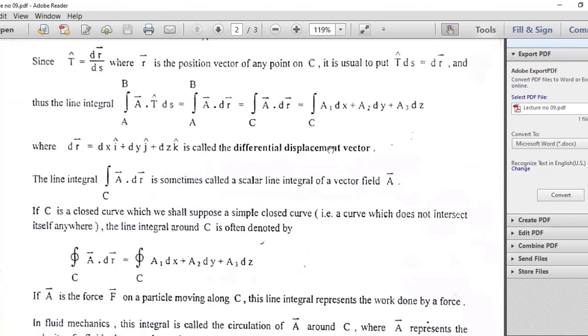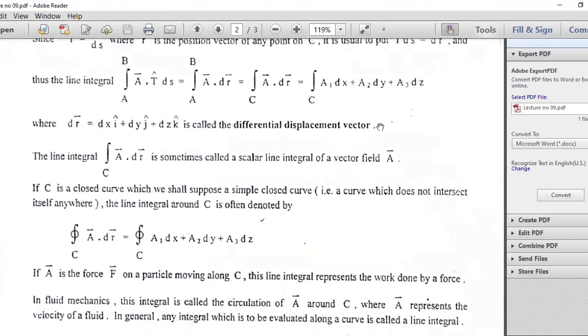If I study only from A to B, then we denote it with a circle on the integral of A dot dr, and write similarly A1 dx plus A2 dy plus A3 dz. We write simply the closed circle on the integral.